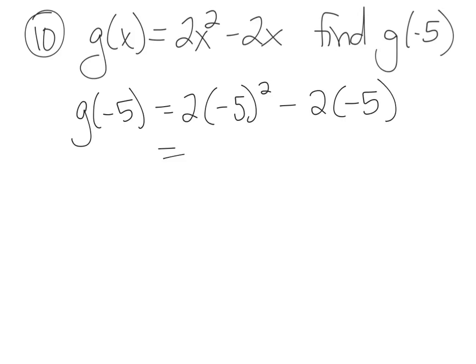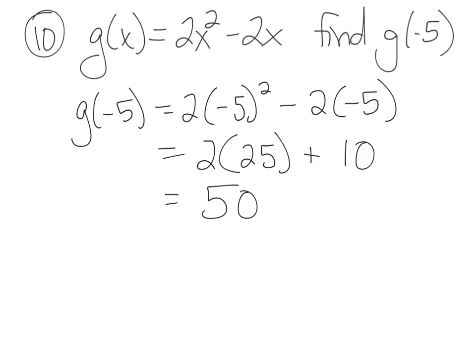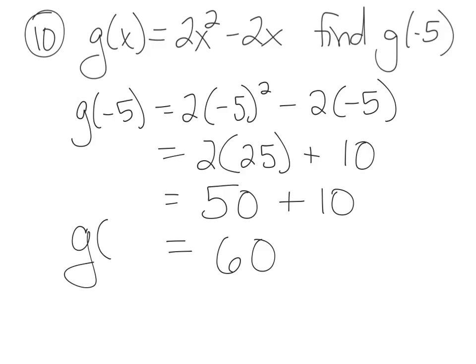Then, like order of operations says, I've got to square that -5 before I can multiply times 2. -5 squared is -5 times -5, which is a positive 25. I'm going to go ahead and simplify this. -2 times -5 is a plus 10. This then equals 50 plus 10, because 2 times 25 equals 50. So your final answer would be g of -5 is equal to 60.